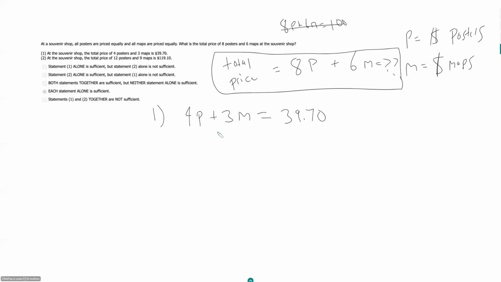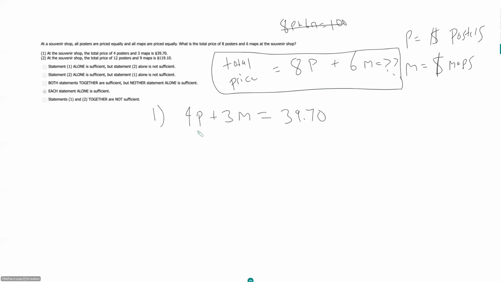Before I say, okay, this isn't what I'm looking for, remember, if I can find an equivalent equation with an 8p plus 6m, that will still give me my answer.